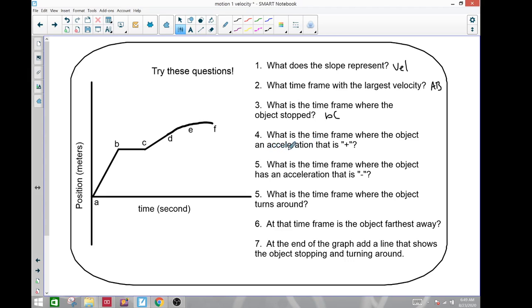What is the time frame where the object has a positive acceleration? We haven't talked about acceleration yet. You might be somewhat aware of it: acceleration is a change in velocity. You're accelerating.